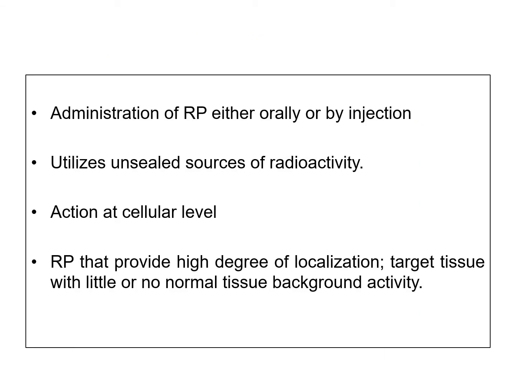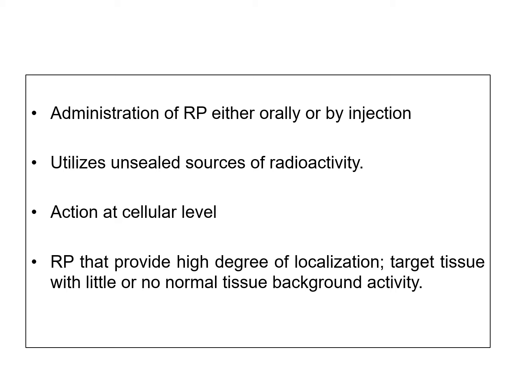So when we are talking about targeted radionuclide therapy or systemic radiation therapy, we need to say that this therapy uses radiopharmaceuticals, which involve administration of radiopharmaceutical either orally or by injection. Orally is the example of our radioiodine, iodine-131.